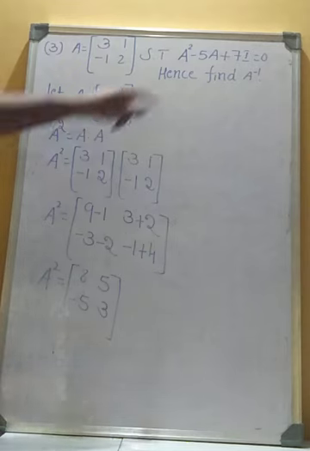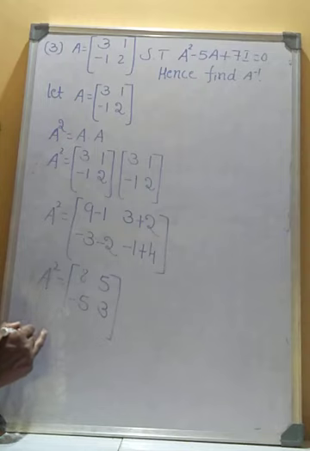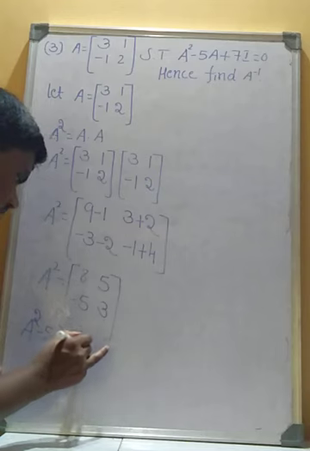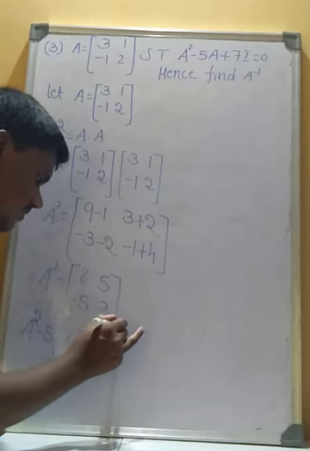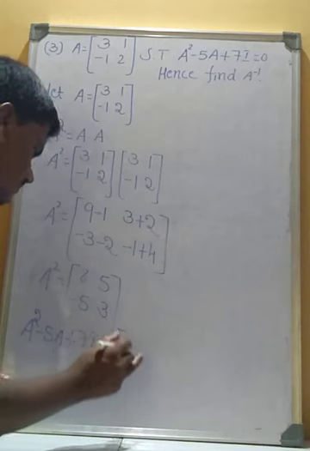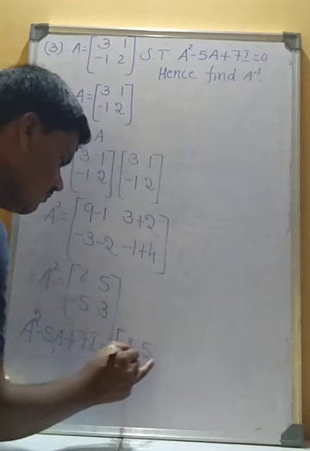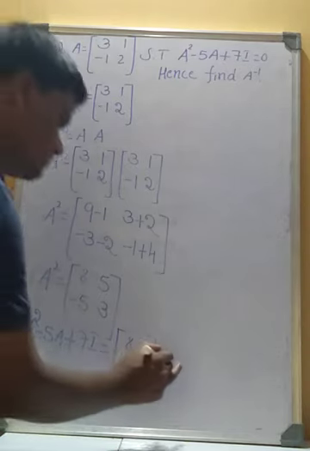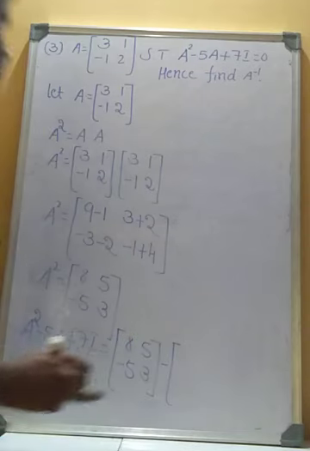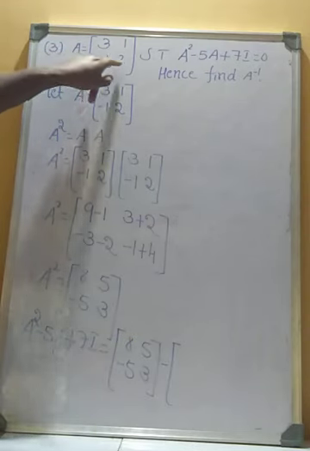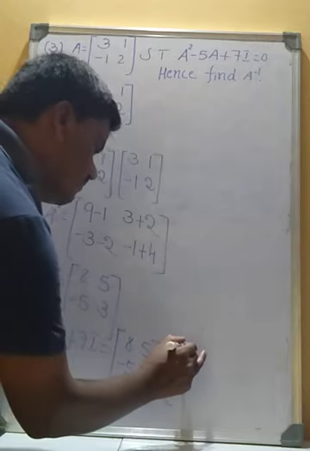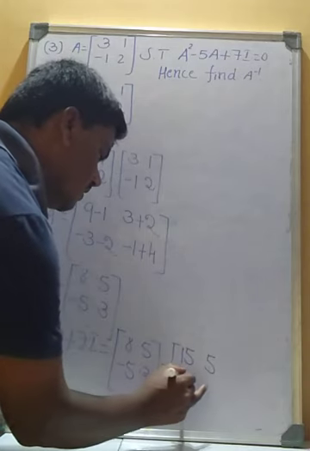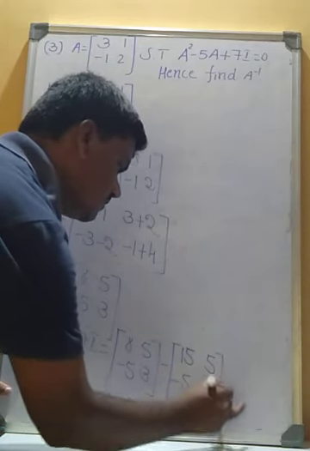Then consider this equation. A square minus 5A plus 7I equals 0. You know A square is 8 5, minus 5 3, minus 5 into A. A is 3 1, minus 1 2. 5 3s are 15. 5 1s are 5, minus 5. 5 2s are 10.